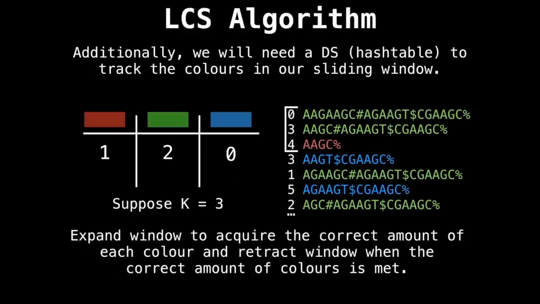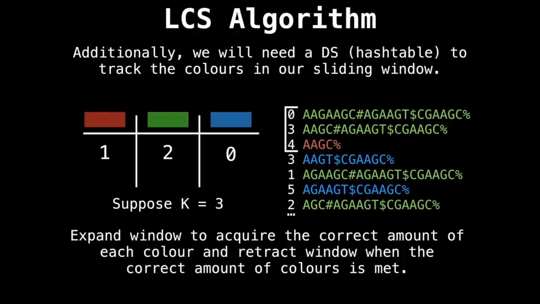In the example that will follow, let's suppose that k equals 3, meaning all 3 colors will need to be present in our window for a valid query to occur. By a query, I mean querying the LCP array for the minimum value in the current window, and then possibly updating the best longest common substring value found so far. Right now you can see that our window is missing some blue.